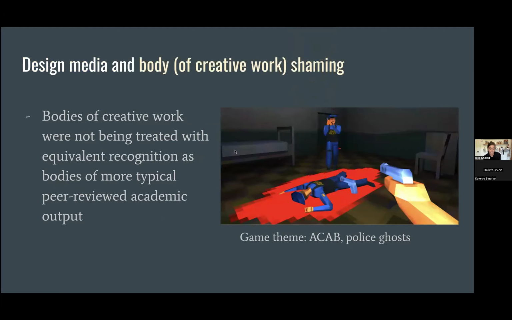And then another persistent difficulty was that there was a lot of body of creative work shaming going on, where bodies of creative work weren't being treated with equivalent recognition as bodies of more typical peer-reviewed academic output, like meta surveys of the literature or journal publications.